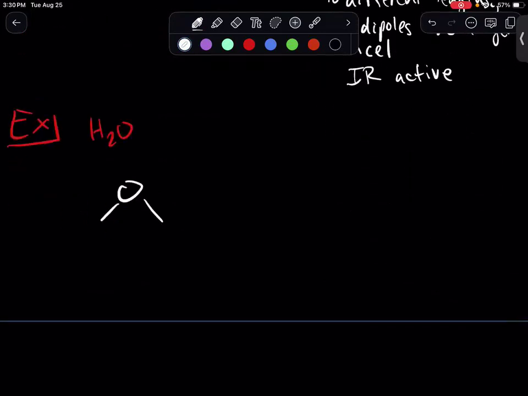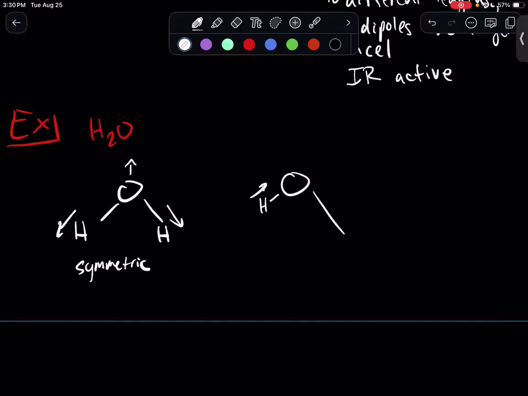Well, with its bond shape and the molecular geometry, even if it stretches symmetrically, or if it stretches asymmetrically, we'll notice that it is still polar.